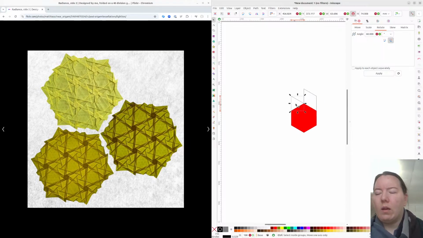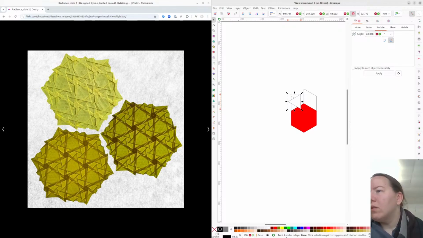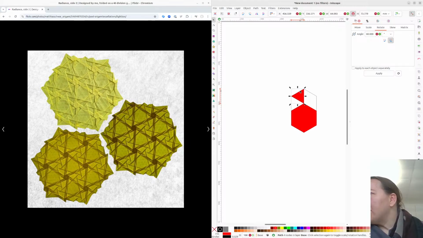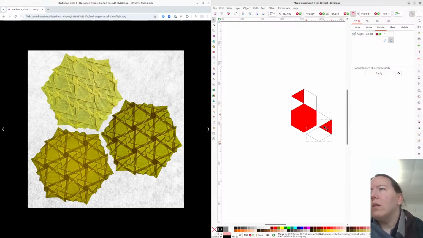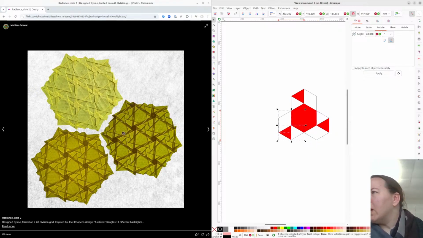So there can be another triangle that is right-handed between them. Although we'll see in a minute, it doesn't make a huge difference which way I've rotated it, because on the other side, between this rhombus and that triangle, there's a hexagon.